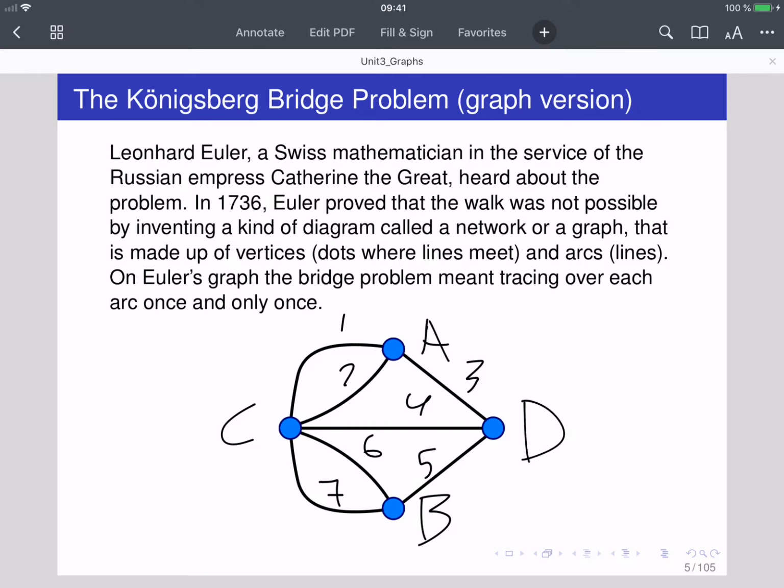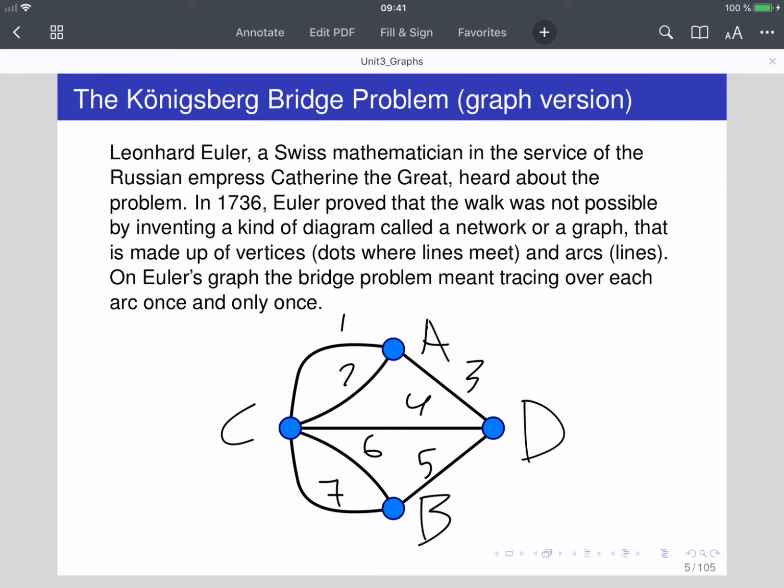And he realized that he could easily solve this game in the case of the Königsberg bridges, but also for any other kind of situation with elements connected somehow, as in the figure, or with different connections. Okay, and he solved this problem, and he gave birth to the theory of graphs, which has to do with connections.